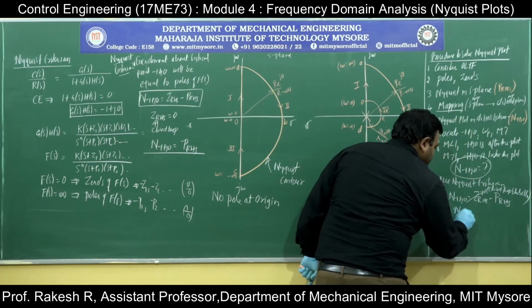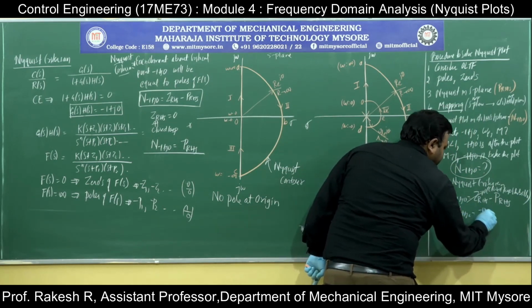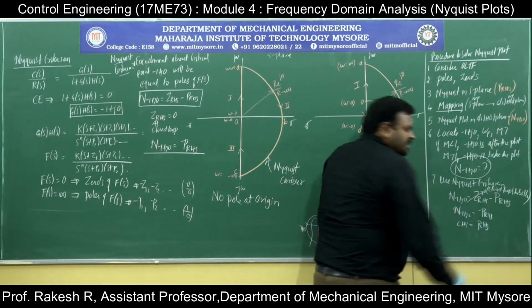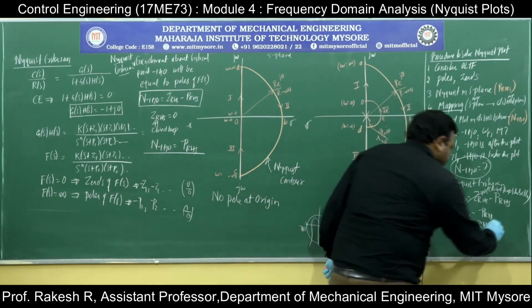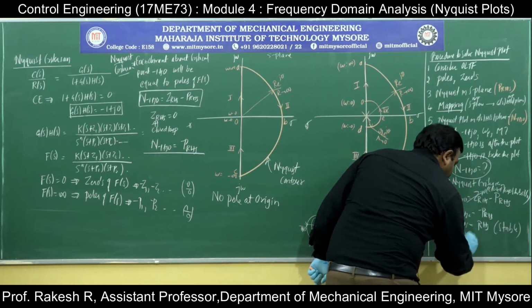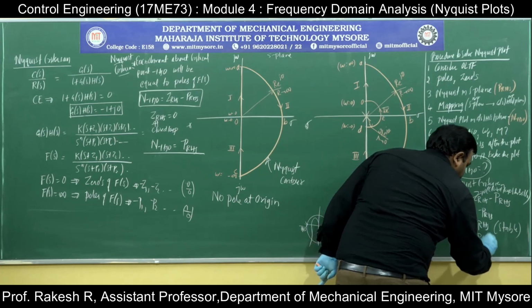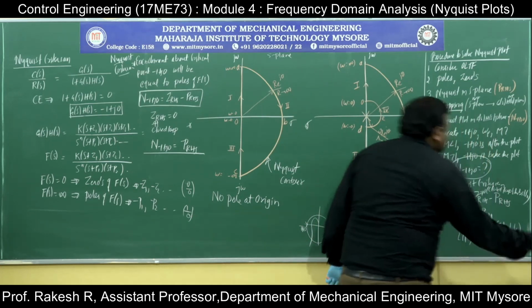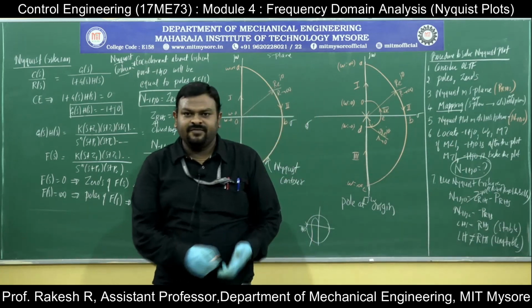And then N minus 1 plus j0 is equal to minus P RHS. So LHS is equal to RHS. If both are equal, the system is stable. If LHS is not equal to RHS, the system is unstable.